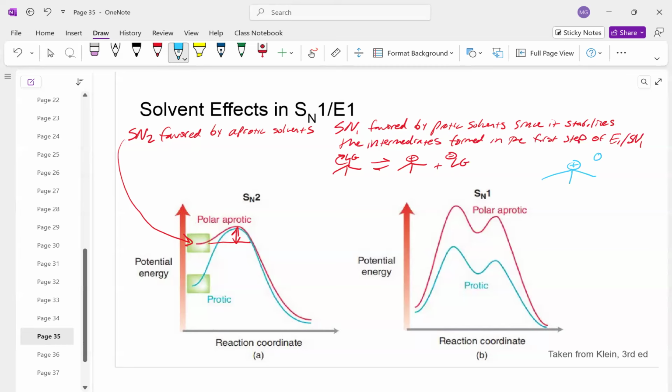So the negative part of water, the oxygen, is attracted to that positive charge. And with the leaving group, the hydrogen of water is attracted.